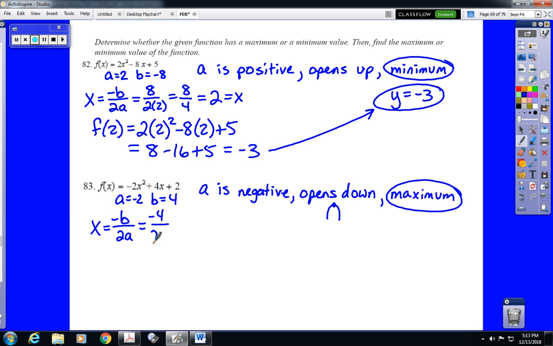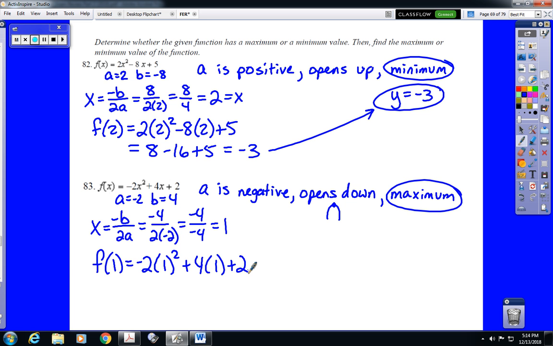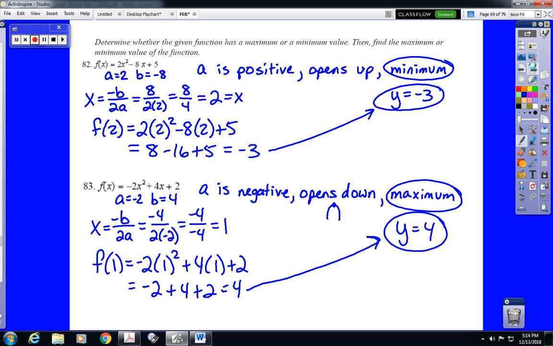That's negative 4 over 2 times negative 2, which would be negative 4 over negative 4, or 1. And then I plug that value in. So I find f of 1. So plug in 1 for both x's. And that would be negative 2 plus 4 plus 2, which would be a value of 4. So that maximum value would be 4.